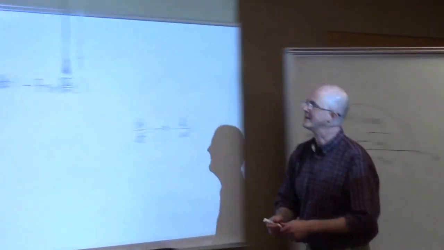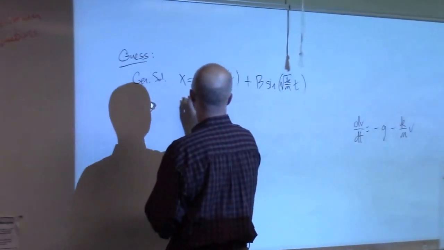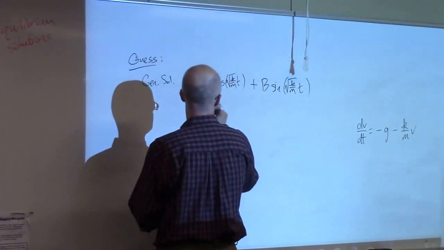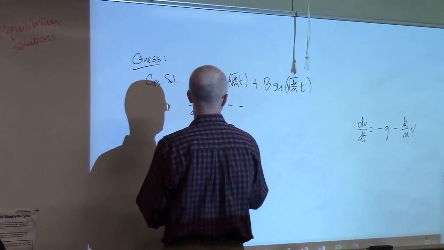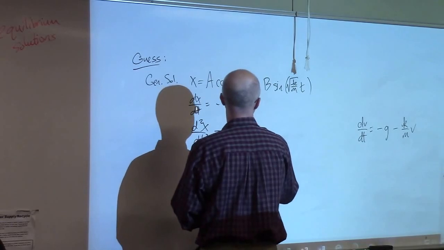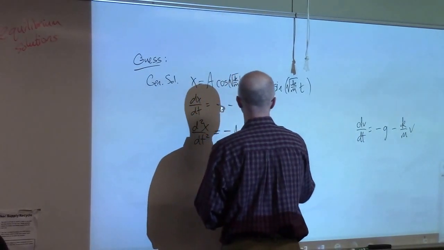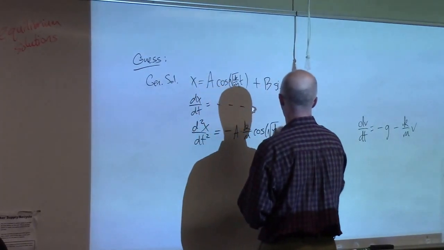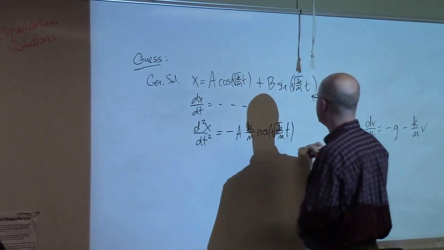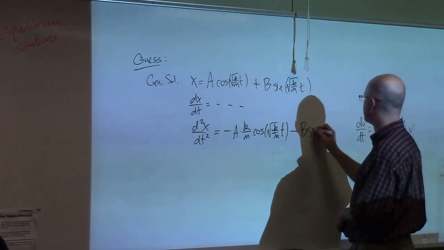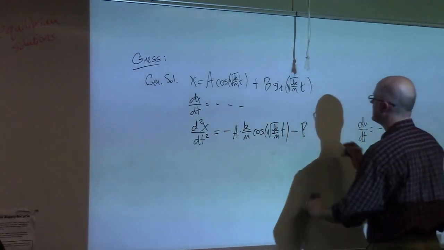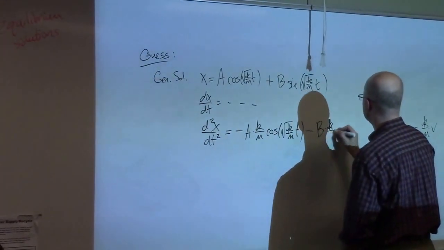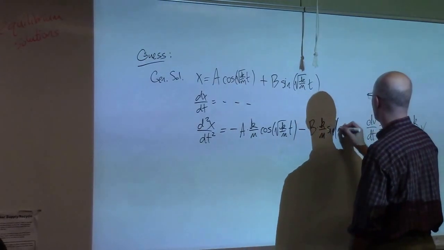Maybe I should go ahead and write it down. I'll just go ahead and write down the second derivative right away. The second derivative you're going to get here is going to be negative a times k over m times cosine of square root of k over m t, and minus b times k over m sine of square root of k over m t.